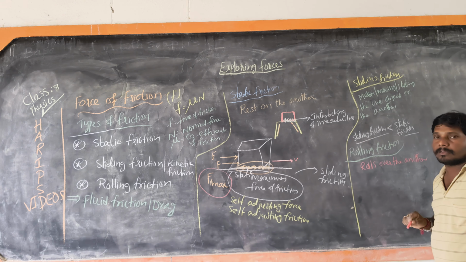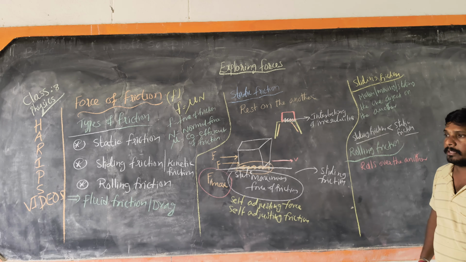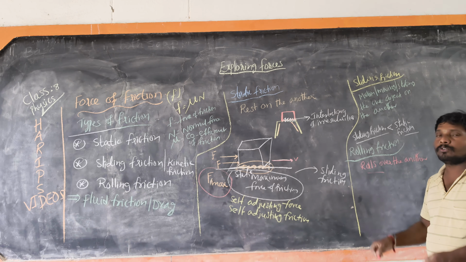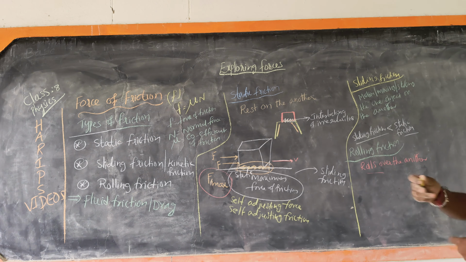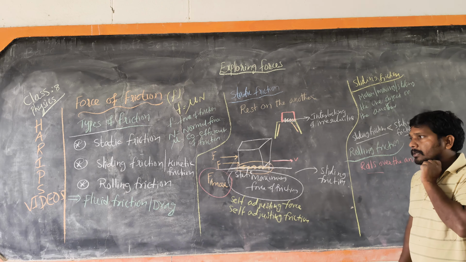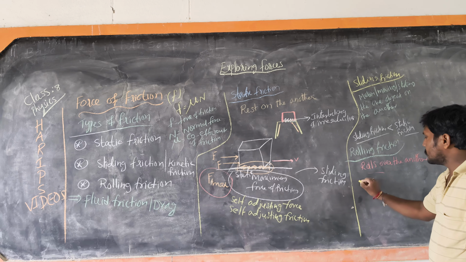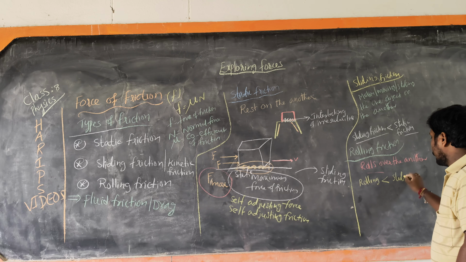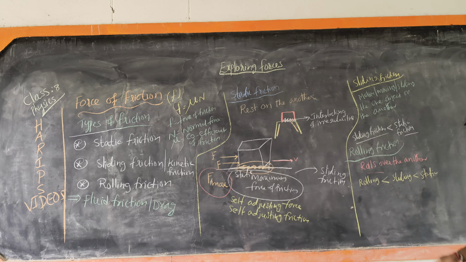Once it starts sliding, there is no need to apply that maximum force. For rolling, we have to use very little applied force because rolling is much easier than sliding. That's why rolling friction is less than sliding friction, and sliding friction is less than static friction.